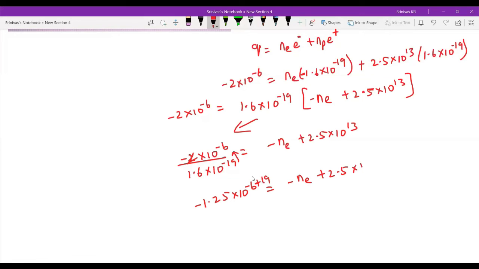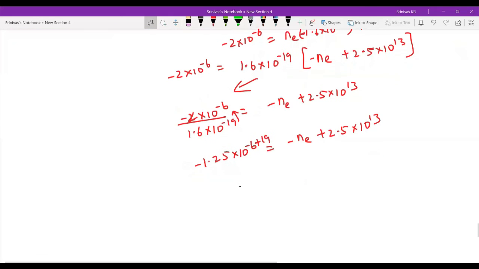So 2.5 into 10 to the power of 13. So minus 6 plus 19, what does it become, minus 6 plus 19 is 13. So minus 1.25 into 10 to the power of 13 is equal to minus ne plus 2.5 into 10 to the power of 13. So let us interchange these values.